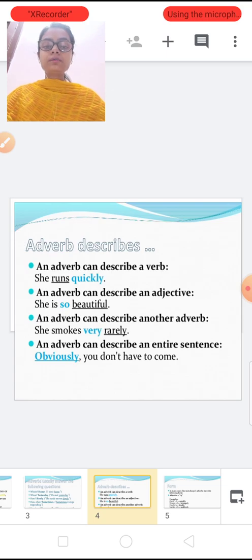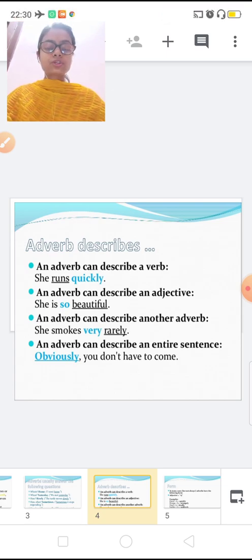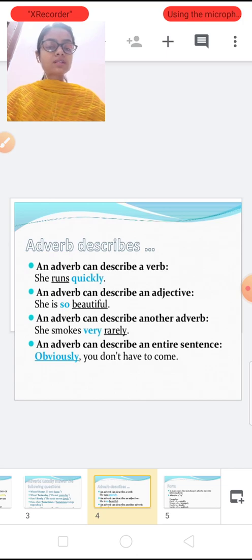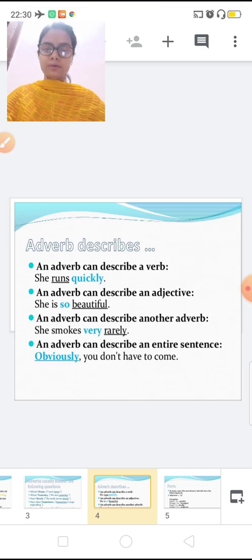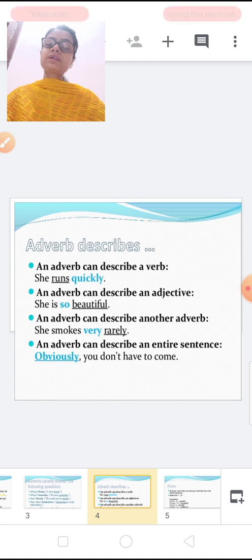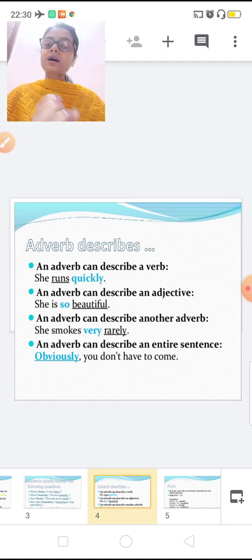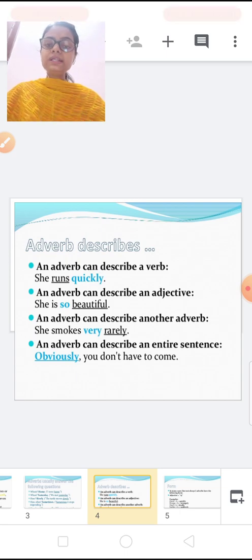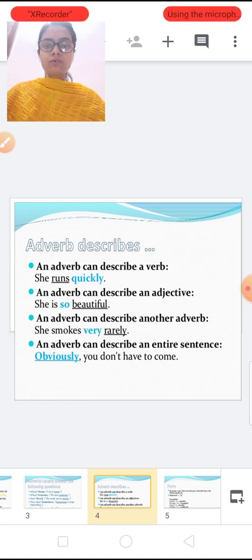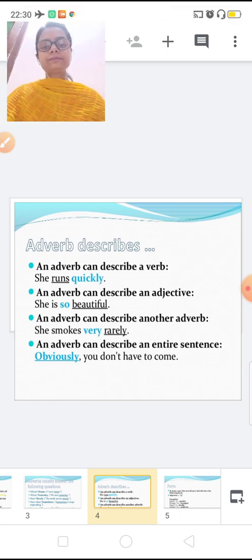An adverb can describe a verb. So how does it describe a verb? Everybody knows that run or runs is a verb. So she runs quickly. So the word quickly is an adverb, and quickly is describing a verb, that is run.